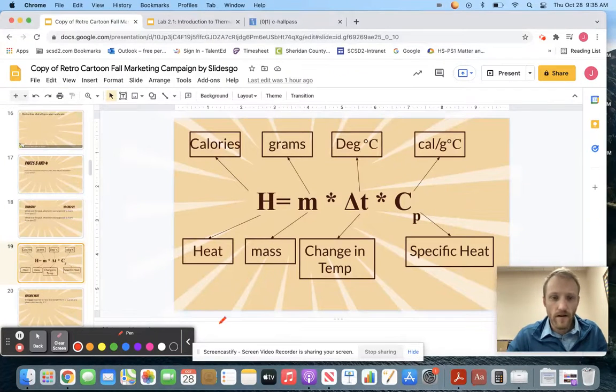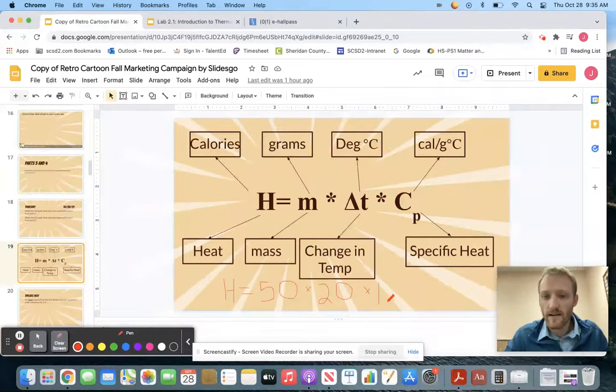So again, we have our heat. We're going to plug in our numbers from the lab: equals the mass of the water, which for beaker 1 in part 3 was 50 grams, multiplied by the change in temperature, which was 20 degrees, and then multiplied by the specific heat of water, which is very easy because it's 1.